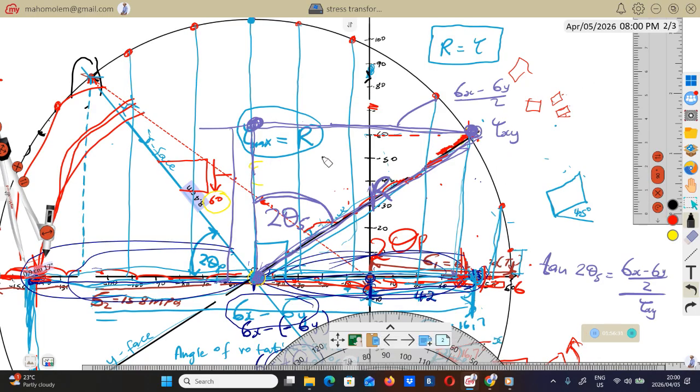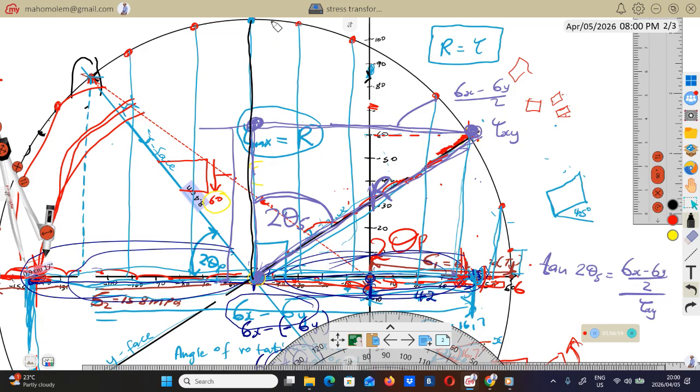Right, I was just showing you where that formula is coming from. Actually, why are we calculating this angle? So this thing is like this. This black line that I'm drawing now is the plane of maximum shear stress.